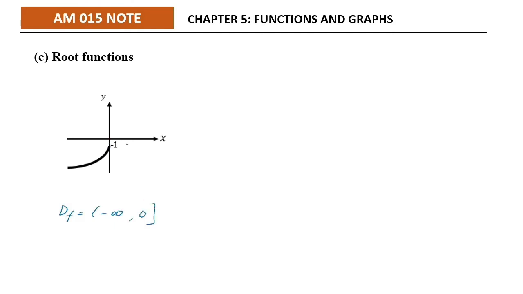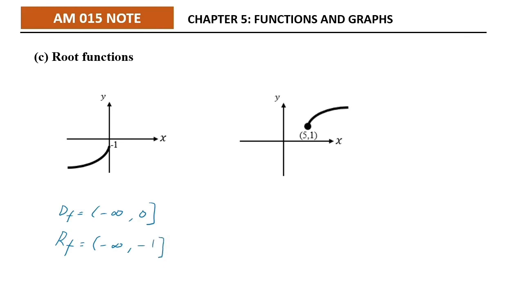There is no graph above 0. And then range starts from below, negative infinity, and up to 1. There is no graph for y greater than 1, so range is from negative infinity up to 1 included.